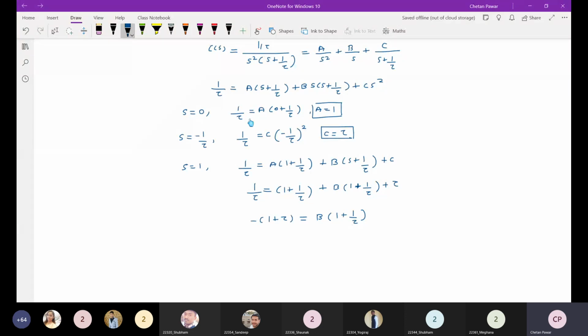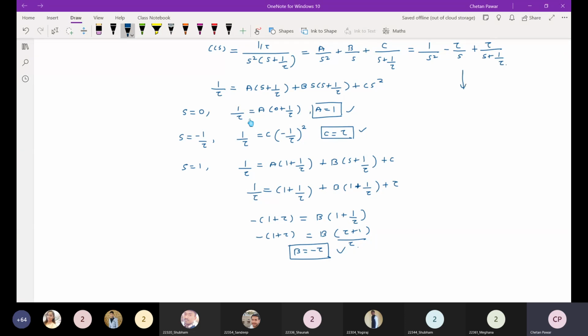So b will be minus tau, right? So you got 3 values. Just put them into the partial fraction: 1 upon s squared, minus tau by s, plus tau upon s plus 1 by tau. Okay. So this is C(s).